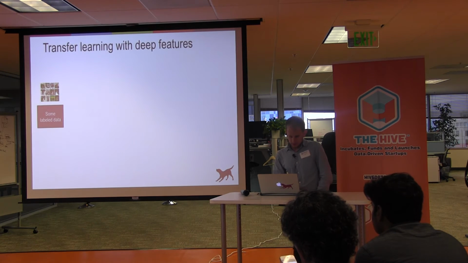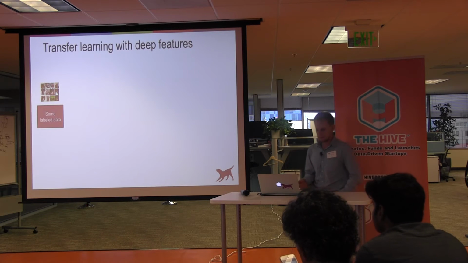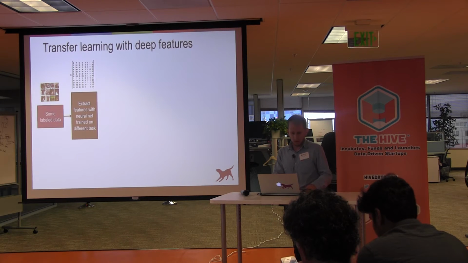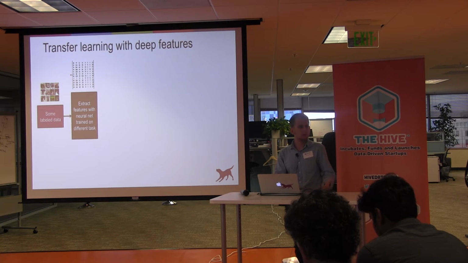Okay, so now we have this new workflow of transfer learning with deep features, which I just showed to you guys. You have some labeled data. You extract features using a neural network. I did not show that because it takes some time, but with the ImageNet model, we can process about 200 images a second right now on an average GPU.